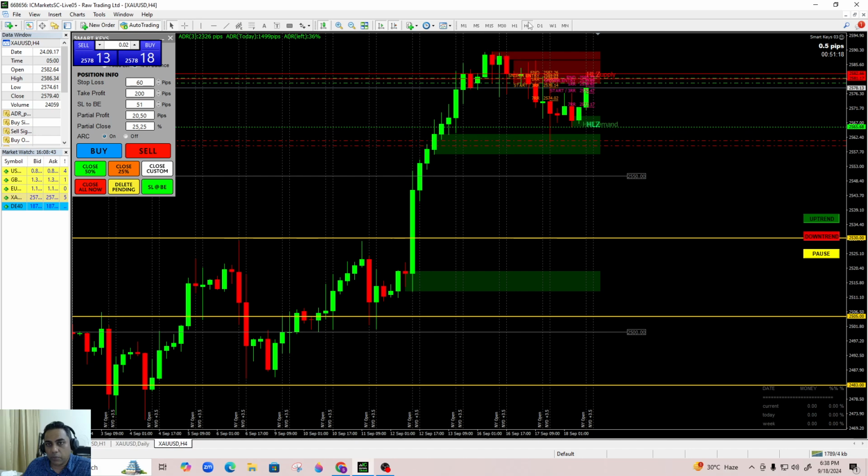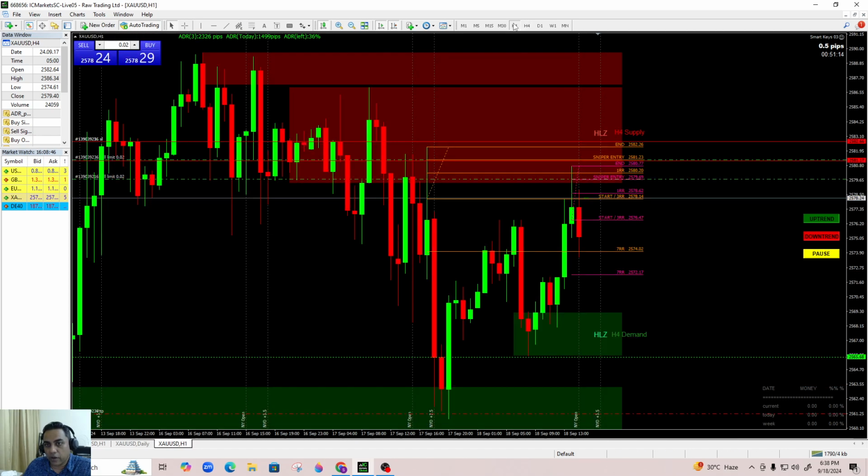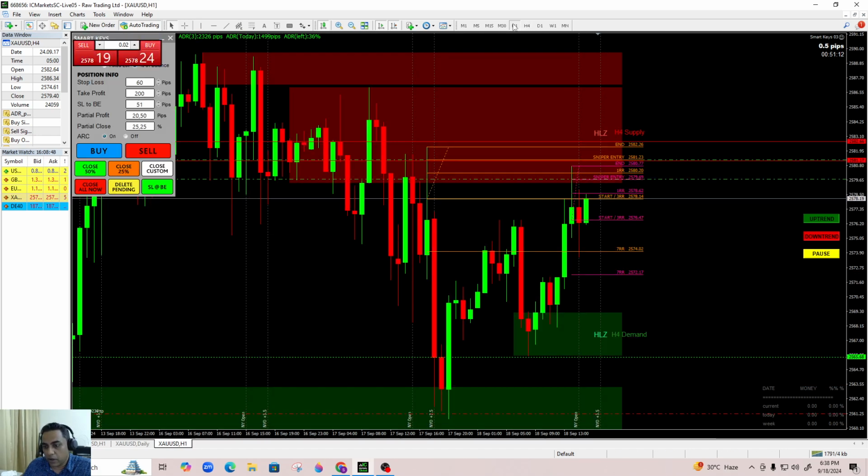About 51 minutes for the 4-hour candle to close, so that's fine. The 1-hour candle has closed a doji. There's nothing. Both these candles are dojis. You got a candle there, sort of a weak bearish candle here.